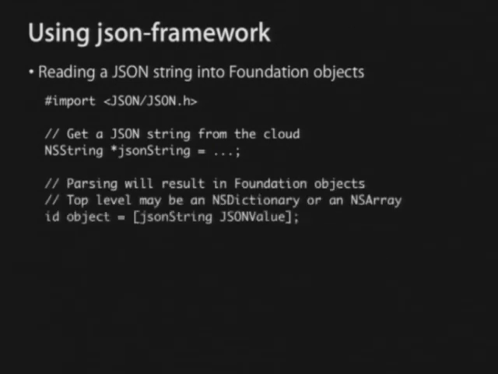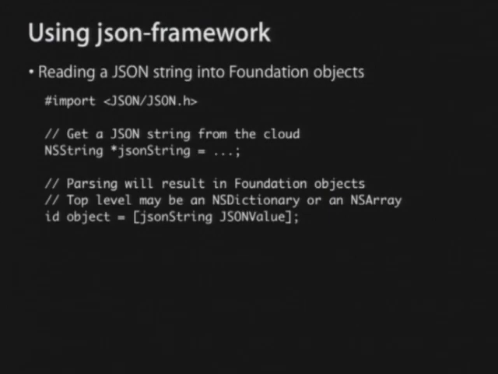I'm basically just going to call this method JSON value. This is a method on NSString added via a category, which we've alluded to in a lot of places in this class. We haven't really talked about them in depth, but the basic idea is that in Objective-C, you can actually add methods to an existing class.